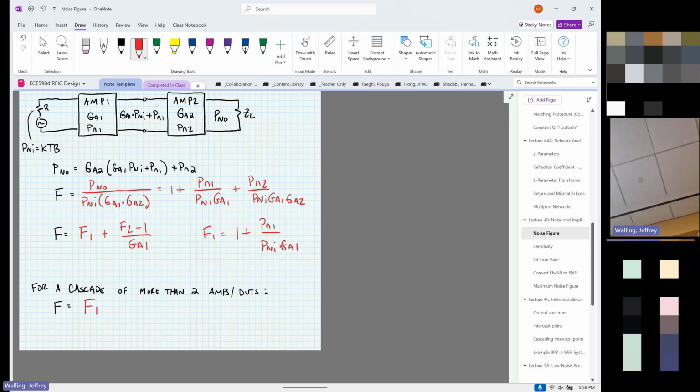But for any subsequent stage, the noise factor contribution is reduced by the gain that preceded it. So our second stage contributes F2 minus 1 divided by the gain of the first stage. If we were to add a third stage, the noise contribution to the total noise factor would be F3 minus 1 divided by GA1 times GA2. And we can keep going on and on like this.